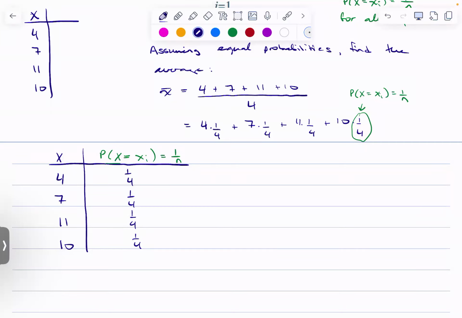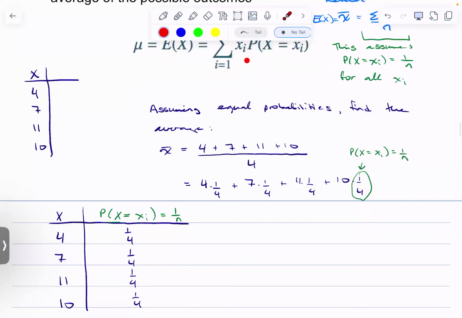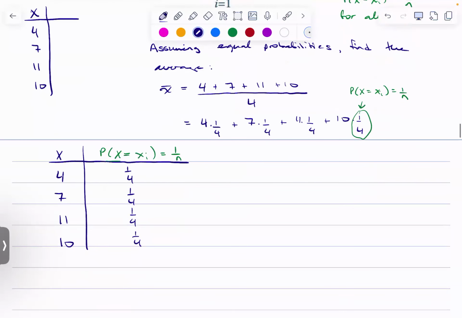We never have to think this much, but it's technically what we're doing. So if we map this back to this formula, the expected value of x is the mean. And what you're really doing is taking 4 times its probability of happening, plus 7 times its probability of happening, plus 11 times its probability of happening.